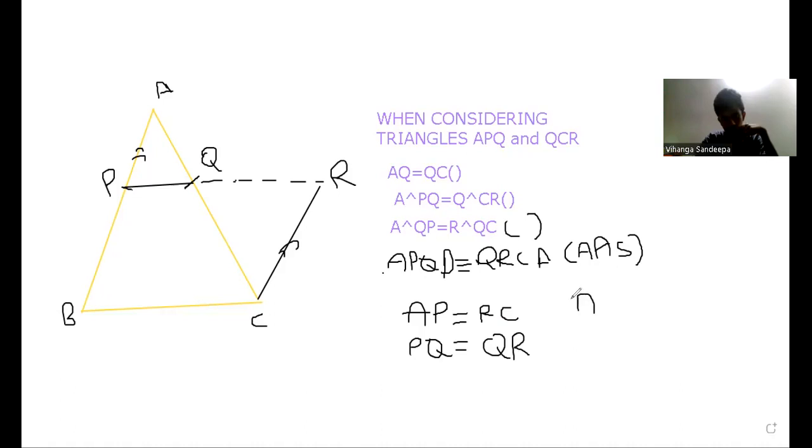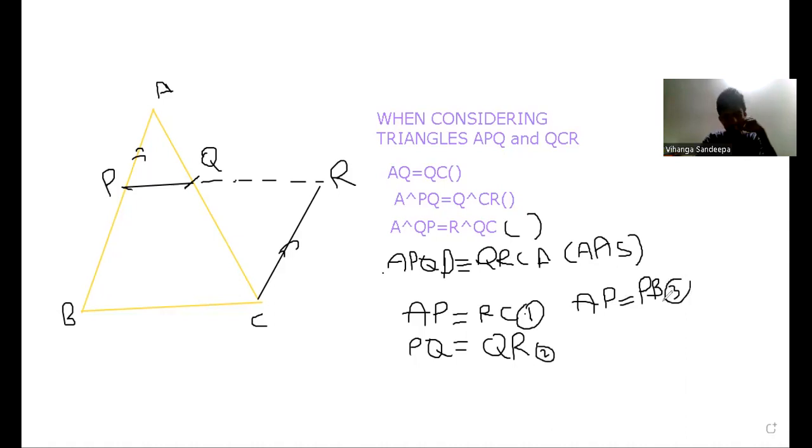This is not a corresponding element, but in the triangle AP equals PB because P is the midpoint of the side AB. So this is 1, this is 2, and also this is 3.